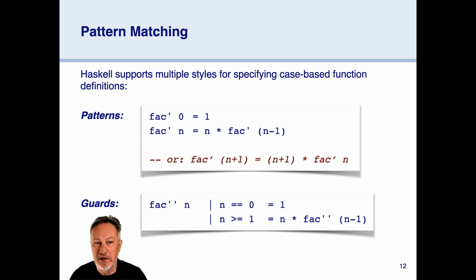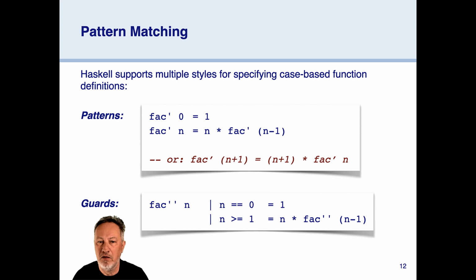There are actually multiple ways of specifying functions in Haskell. Two of them are based on case-based definitions. So the first is using patterns. Here we see factorial prime, our second definition of factorial, has two definitions, and the definitions each make use of a pattern.